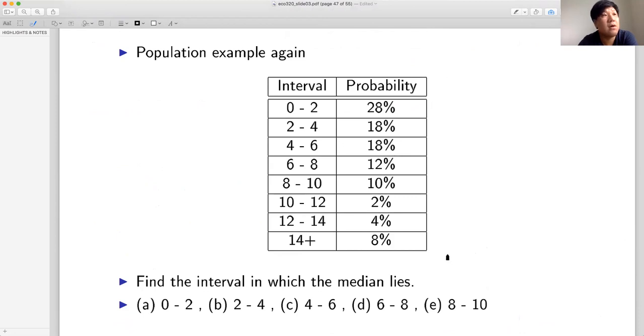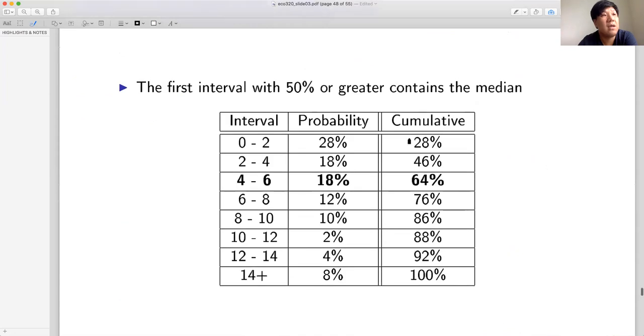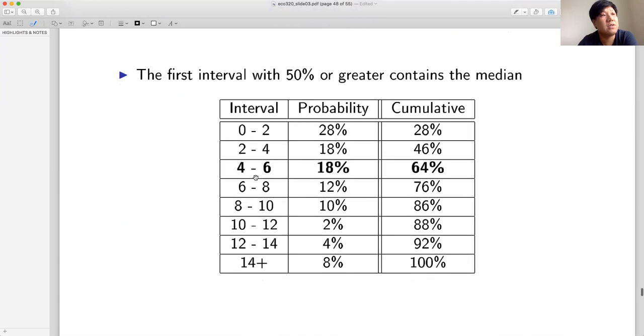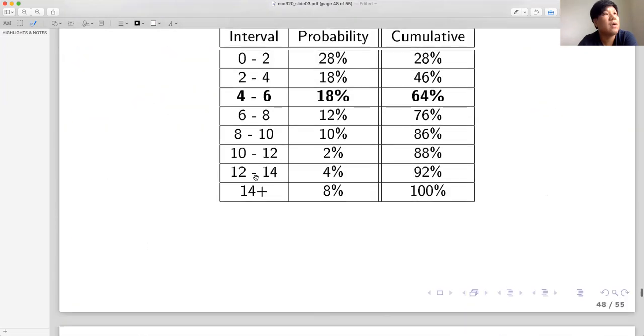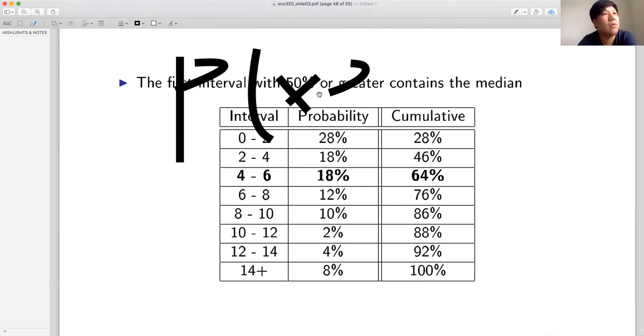First find the cumulative probability and do the same thing as we did. So this would be the answer. Check whether that is your answer. For example, the probability that x is in the interval less than or equal to 4 to 6 is 64%, so it satisfies the first condition. And what is the probability that the random variable x is greater than or equal to 4 to 6?